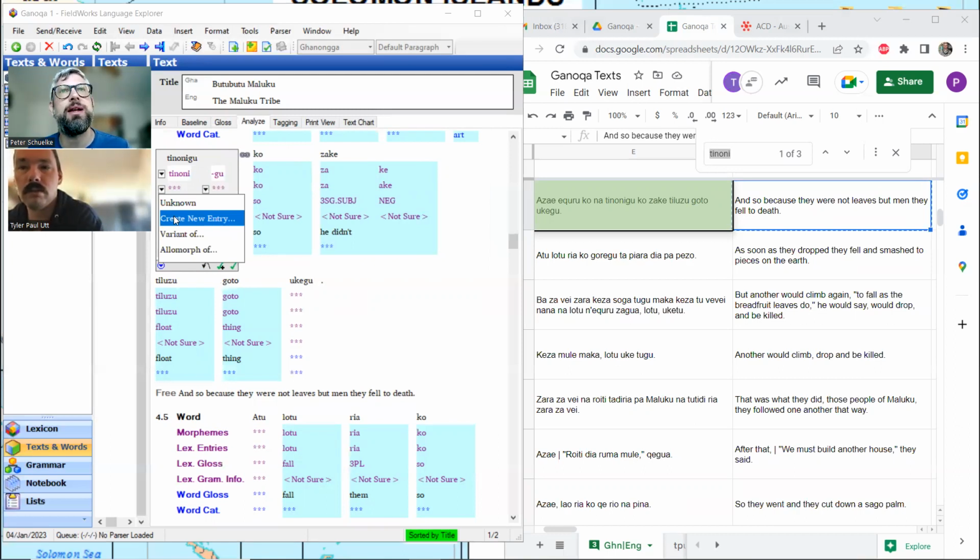It sure seems that way. But maybe something else. But anyway, tinoni is what we're after without the who. And then if we go back to that, remember I originally said this who probably is some sort of simulative, like as. They were as humans. Yeah, here. They were not leaves, but men being men, since they were men.